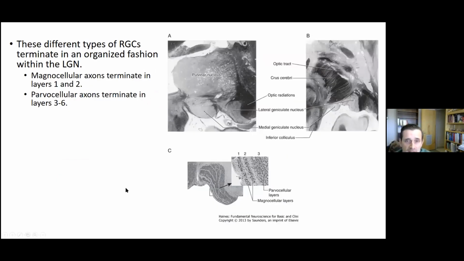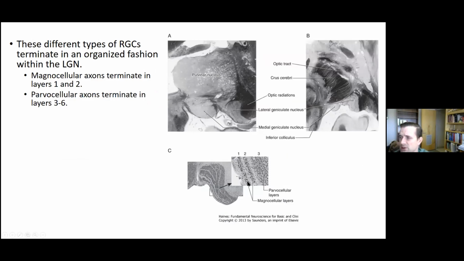Now, these different types of retinal ganglion cells, parvocellular, magnocellular, are going to terminate in an organized fashion within the lateral geniculate nucleus. Our magnocellular axons are going to terminate in layers 1 and 2.